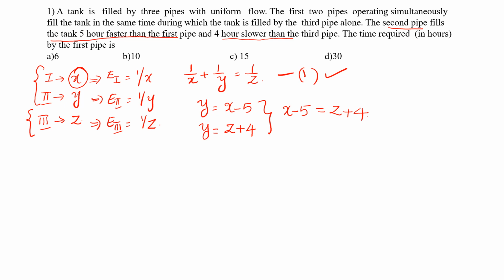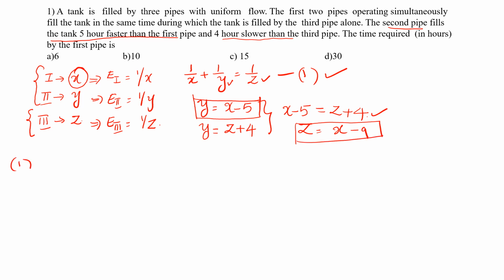From this equation we can find x. Now we'll substitute y and z in terms of x. So what is y in terms of x? From this we get y is x minus 5, and from this equation z is equal to x minus 9. Now we can substitute y and z in terms of x in equation 1.